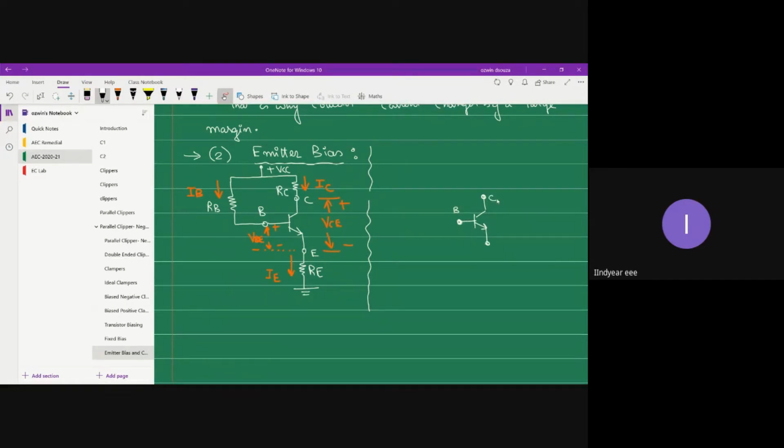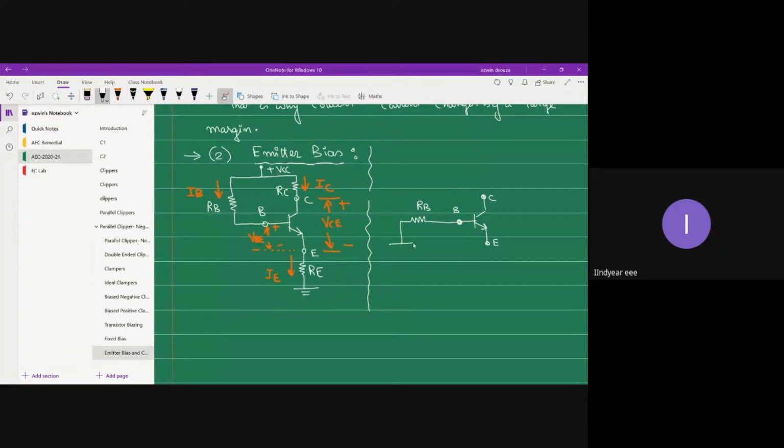Base, collector, emitter. You see here the base terminal is connected to RB. So let's connect it to RB. The other end of RB is connected to the positive terminal of the battery.